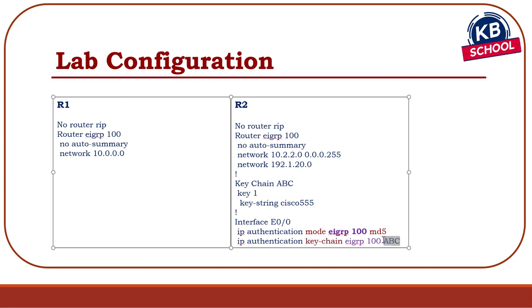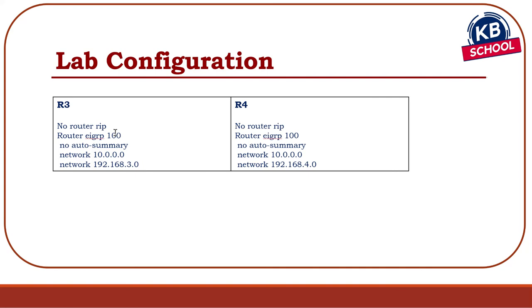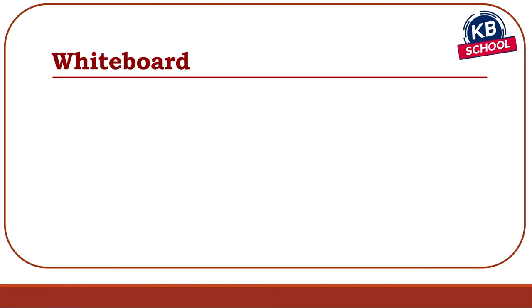And the keychain is the one that has the key and the key string over here. Let me highlight this so you guys know where it's linked. All right, router 3, router 4 just got rid of RIP and ran EIGRP instead. Pinged it, and that's it.